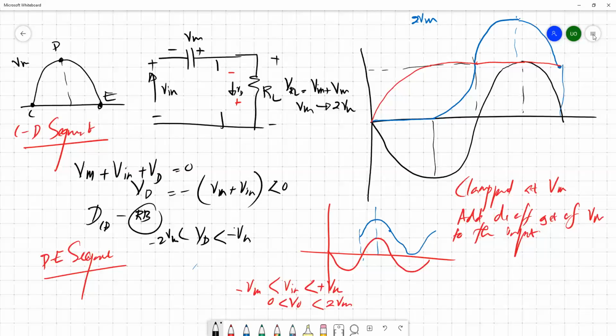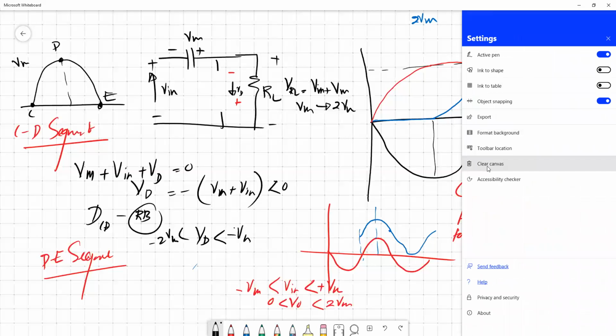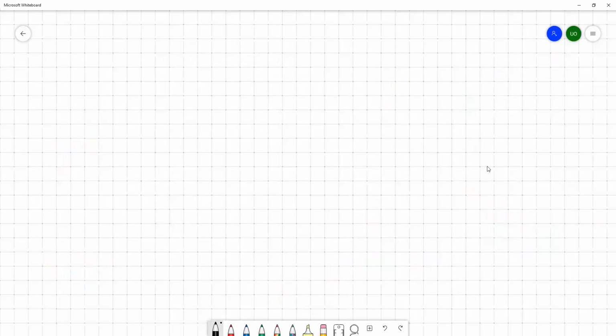So this is the output of the circuit. So if we conclude this, what happens if we have this kind of a circuit arrangement? If you apply this kind of an input, you will end up with this kind of output.